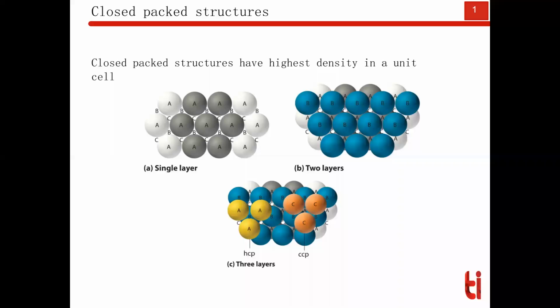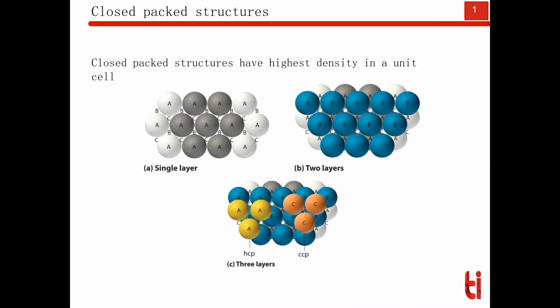At that time, I told that this is the highest possible density one can achieve in a unit cell. So FCC also belongs to close-packed structures because it also possesses the highest density. Likewise, you will see that for the hexagonal close-packed structure we are also going to have the same packing density. That will be 0.74, or you can say 74%.